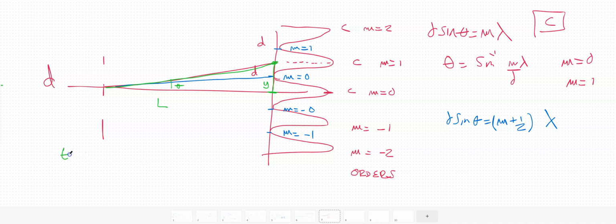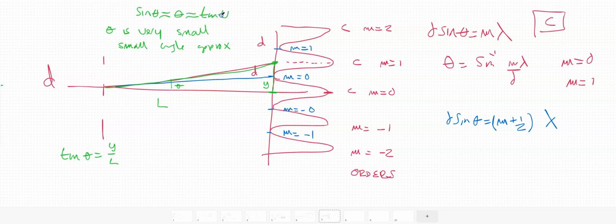So tangent of theta is y over L. Now, in most of the cases, theta is very small in most of these problems. So we can do the small angle approximation, in which sine of theta is very close to theta and is also very close to the tangent of theta.